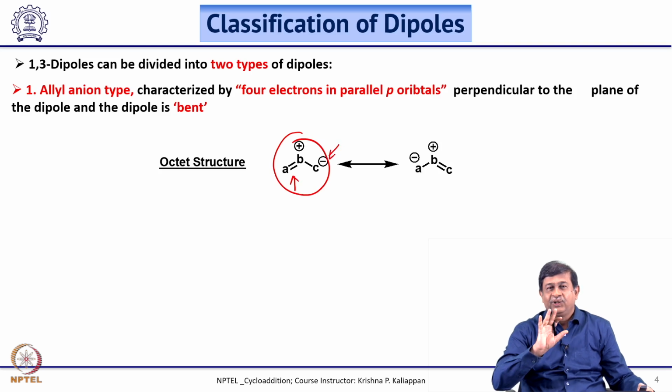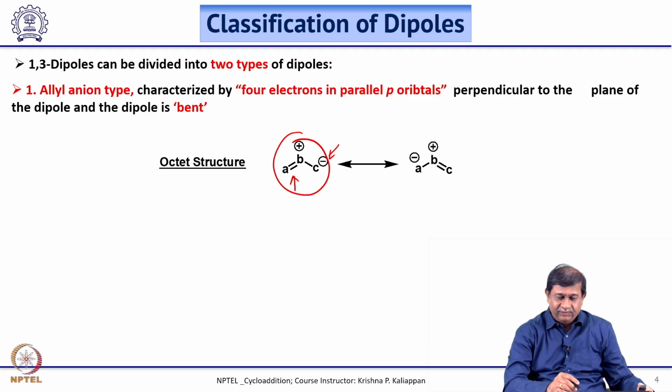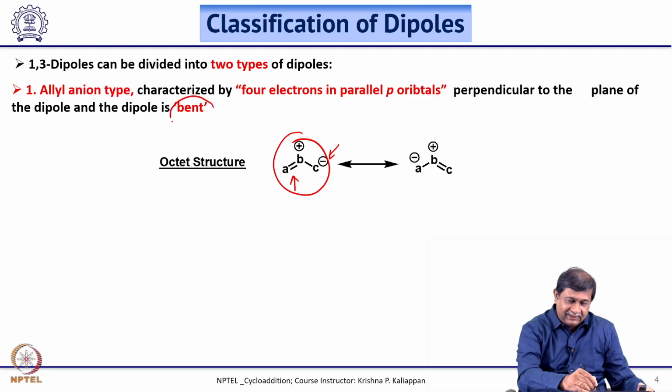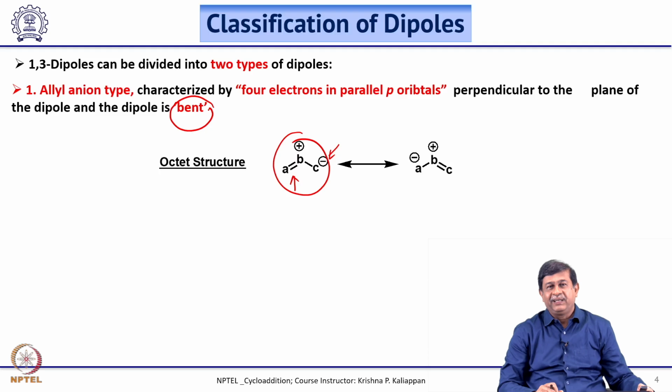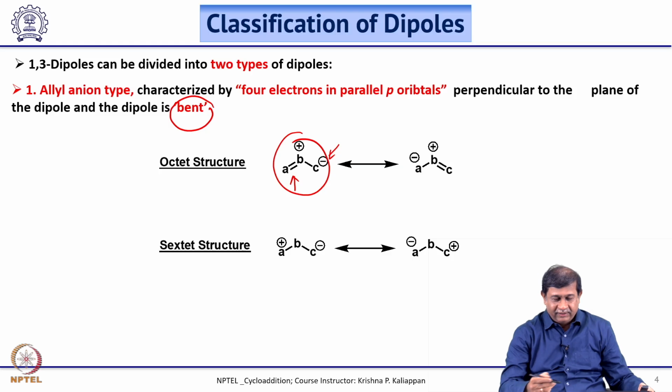So that means you have 4 electrons distributed between these 3 atoms. And if you look at the structure, these allyl anion type dipoles are always bent in nature. This can be drawn either in the octet structure form or sextet structure form. This is one class of dipole.